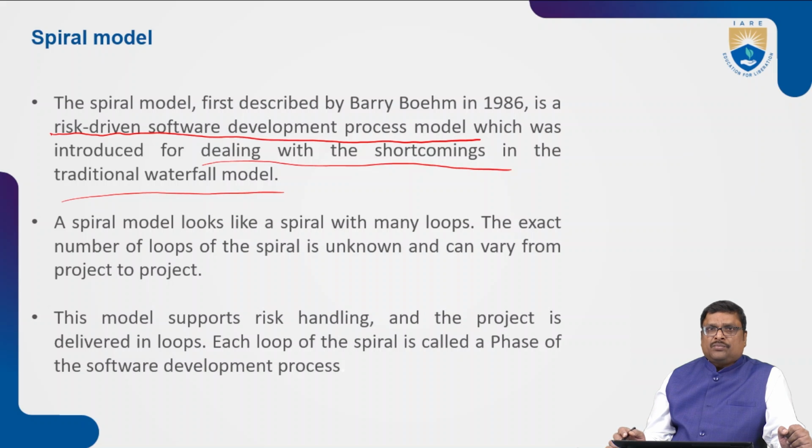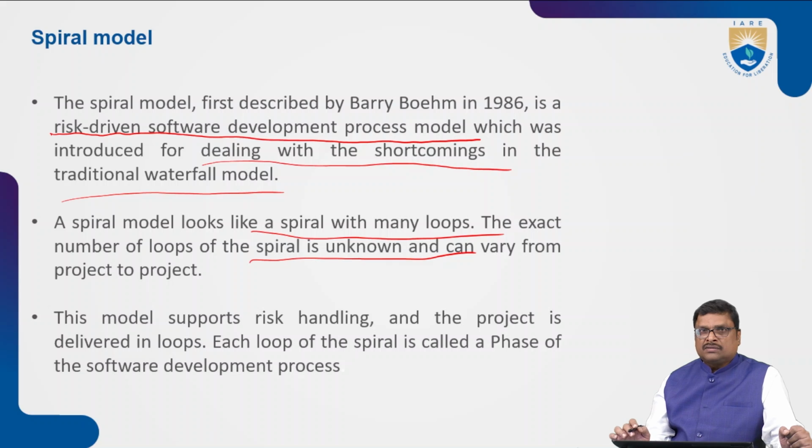A spiral model looks like a spiral with many loops. The exact number of loops of the spiral model is unknown. We don't know how many spiral loops are going to be there. Then the model supports risk handling.